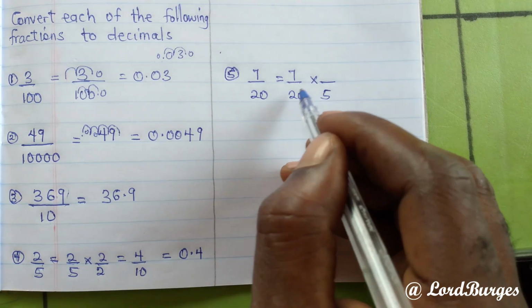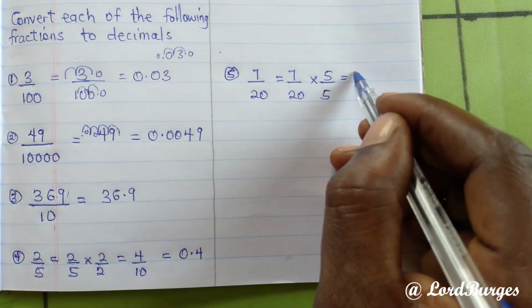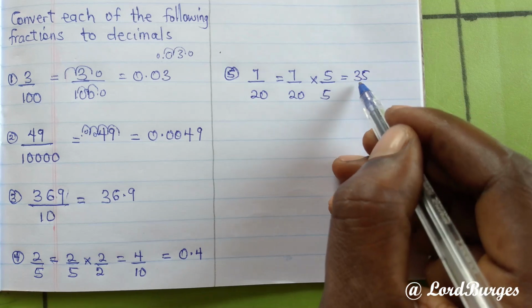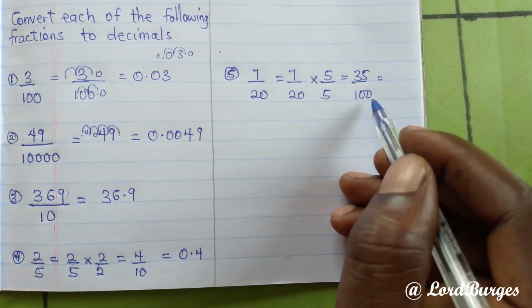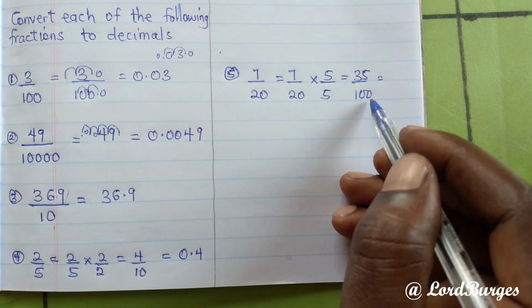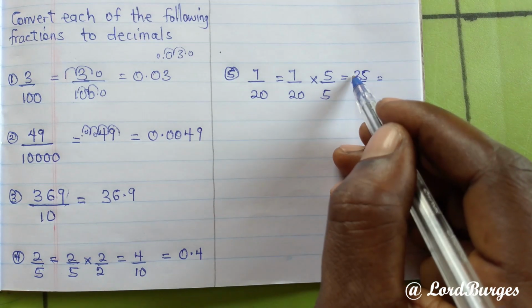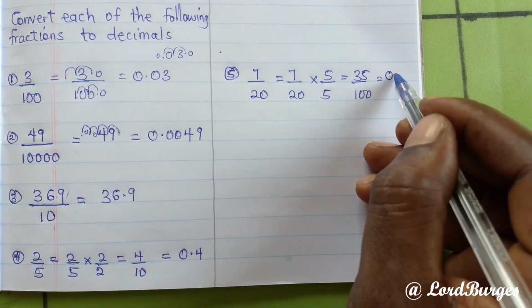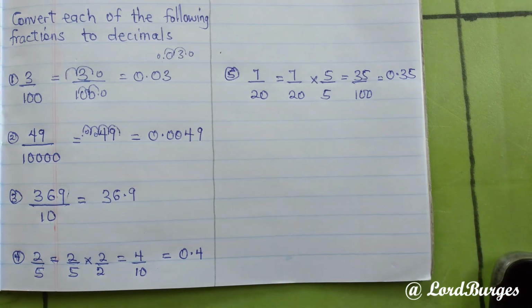Then I'll have to multiply the numerator 7 by 5 such that I should be having 35 over 100. At this point, I can now skip backward 2 times, 1, 2. Therefore, I should be having 0.35 as my final answer.